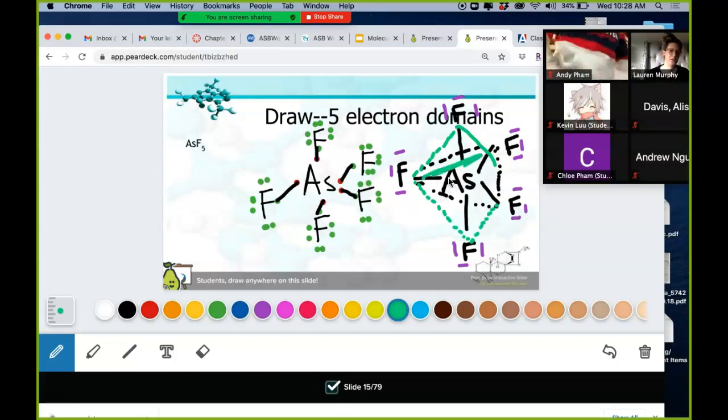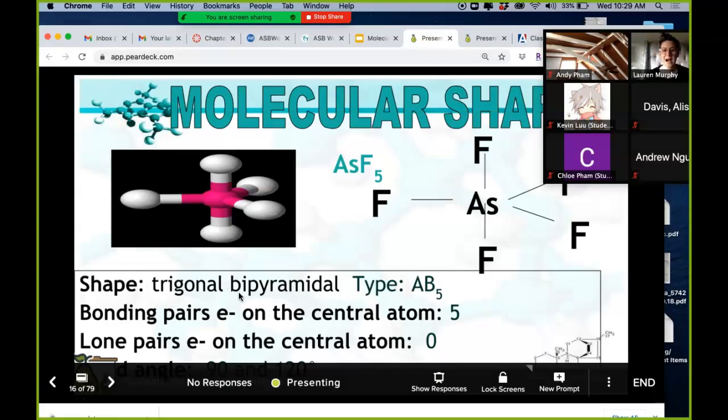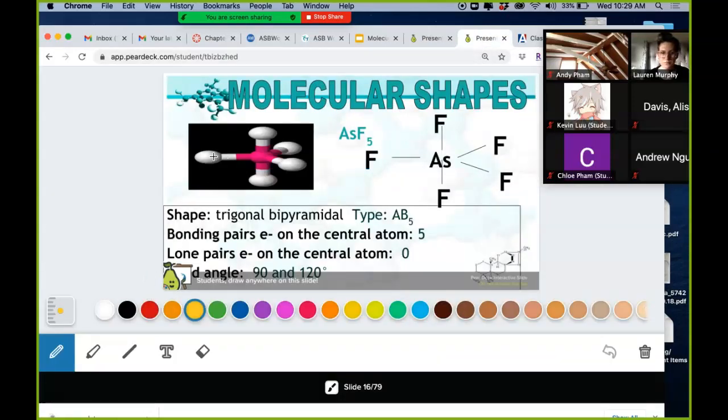So this is like a base, and then there's a pyramid going up and a pyramid going down. So they call this trigonal bipyramidal, meaning there's two pyramids. There's the top pyramid, and then there's the bottom pyramid. Okay?